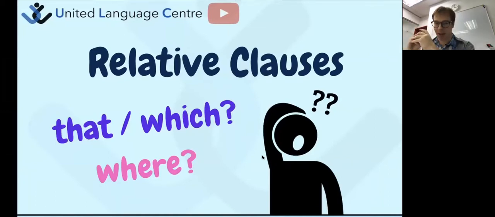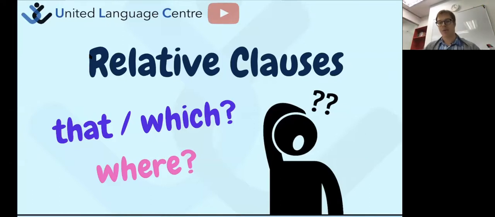So for today, I had some questions from YouTube. Some of you commented on one of our YouTube videos with a very important question. And that question is about relative clauses. Relative clauses are when I say the man who I saw at the shopping mall, the water bottle that I bring to work every day, the school where I teach.